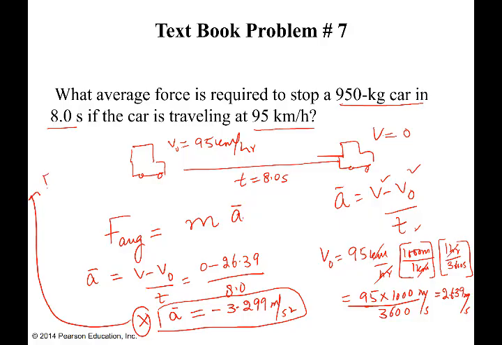To find average force, we'll simply substitute and multiply the two values. And when we multiply mass, which is 950 kgs, multiplied by minus 3.299, we get the average force as minus 3134.